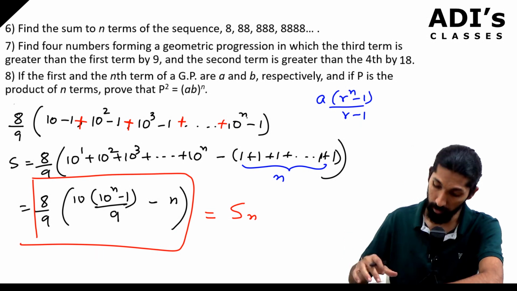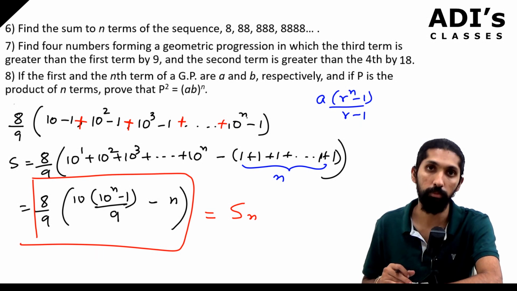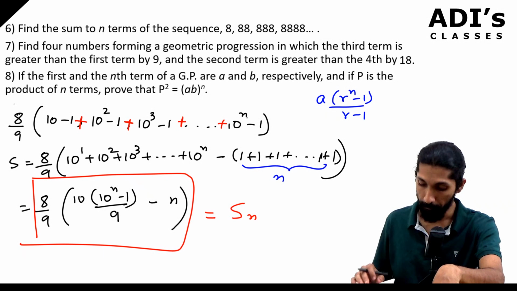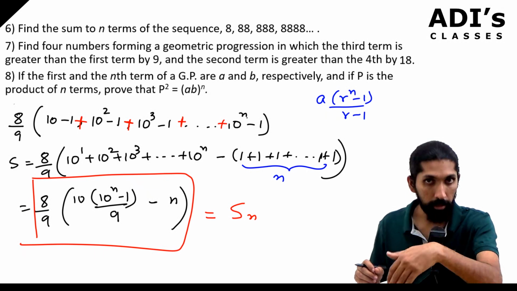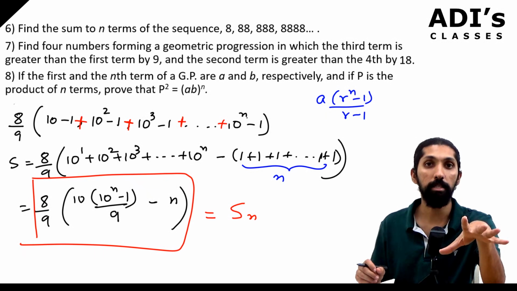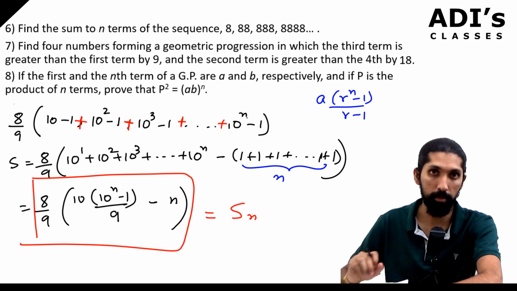Clear? So you can write this as the final answer, or you can simplify and write it also. Fine. So we can conclude that 8 by 9 into 10 into 10 to the power of n minus 1 by 9 minus n is the sum to n terms of question number 6.